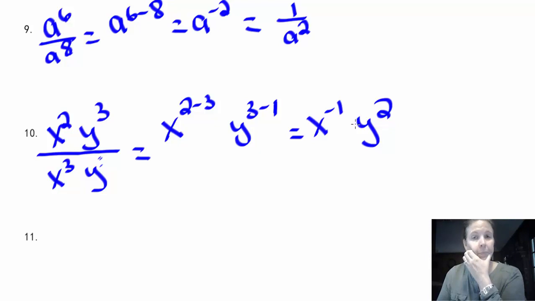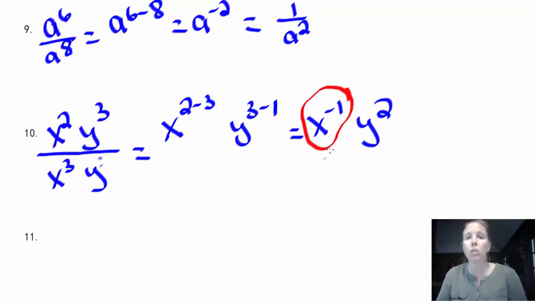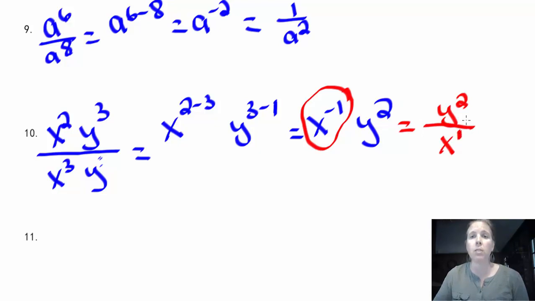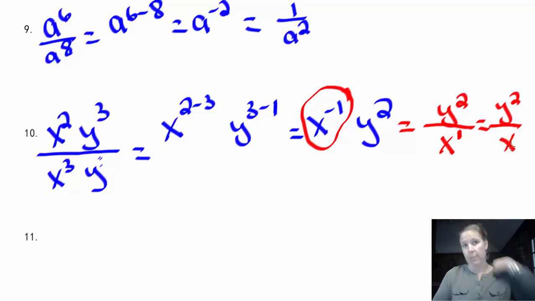Yeah. So when I get something like this, this is the only negative exponent. So that's the only one we move. This y squared stays right where it is. We bring the one with the negative exponent to the bottom. So it can just be x to the first. You can leave it like that, or you can just put y squared over x.